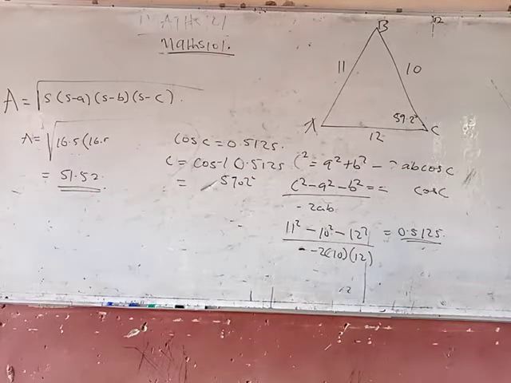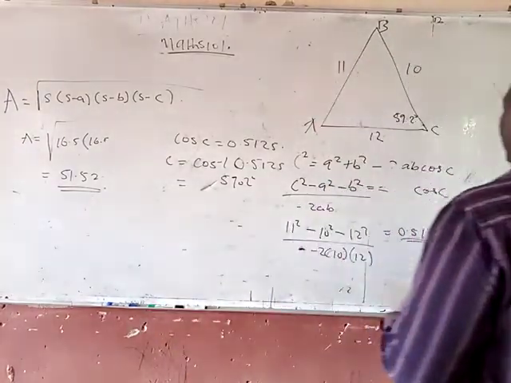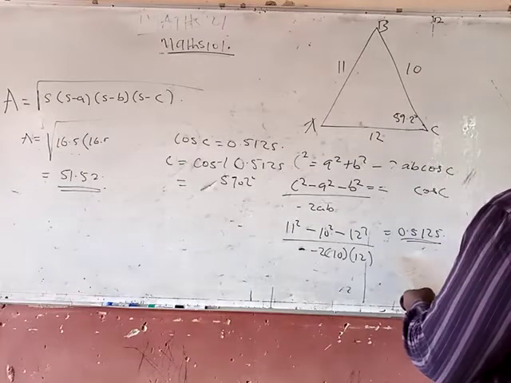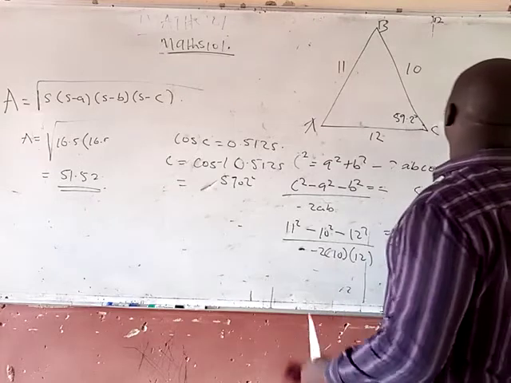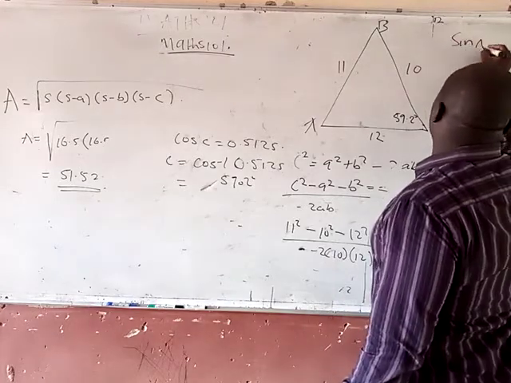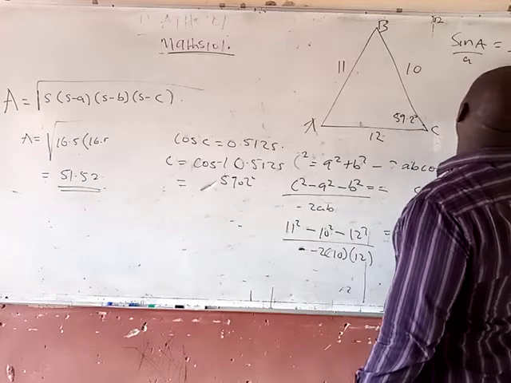So that should be it. What if I ask you to calculate everything? From here, I believe if I ask you to get sine of B, sine of A, of course you should be able to do it. For example, if I wanted to calculate A, using sine rule, sine A all over A is equal to sine C all over C. Why are we using sine C?